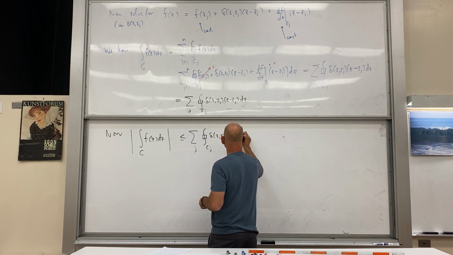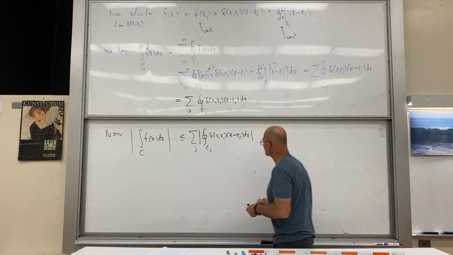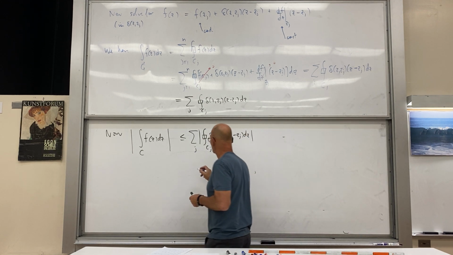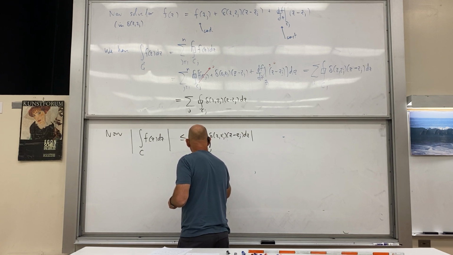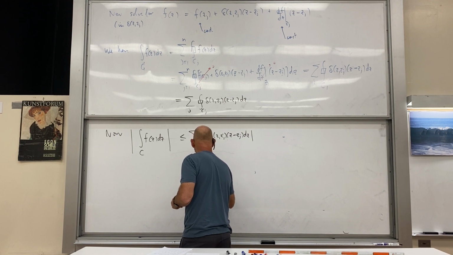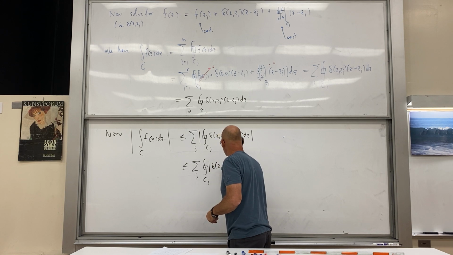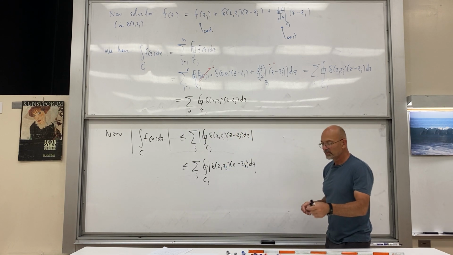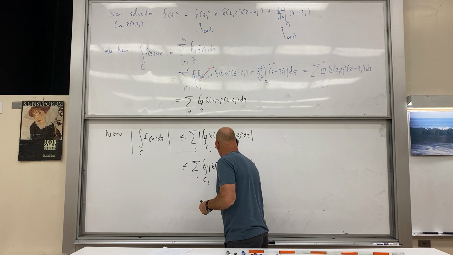Okay, so there we've got a triangle inequality, and we can estimate these individually as well, less than or equal to the sum over j of the integral, taking the absolute values inside here, of delta of z sub j, z minus z sub j, dz. So we know that we can estimate this as less than epsilon.